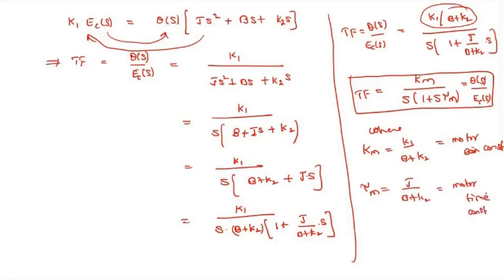So this is the transfer function of the AC servo motor. You need to remember this final expression: TF equals Km by S into (1 plus S tau m). Km is the motor gain constant, tau m is the motor time constant. If any parameter is represented in terms of tau, it is called a time constant. If any parameter is represented in terms of K, it is called a gain constant.